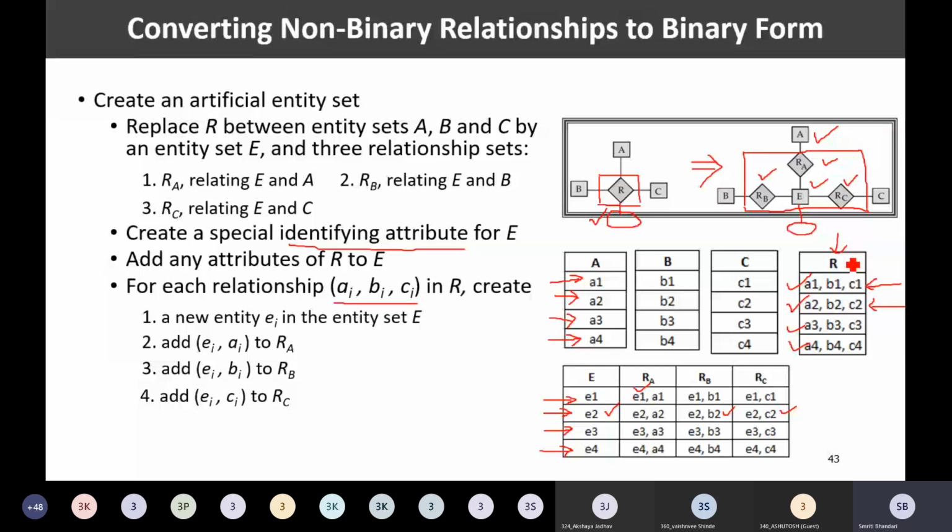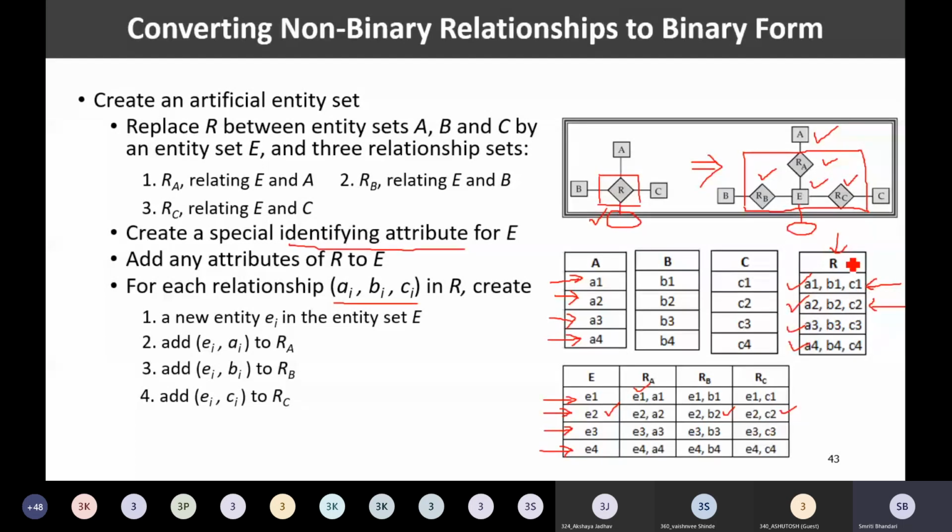Right? So the essence is, number 1, if we are having non-binary relationships, then try to convert those non-binary relationships in binary forms. And the reason is the binary relationships are more efficient to handle. Binary relationships are more useful to implement, and that is why we should prefer to use binary relationships.